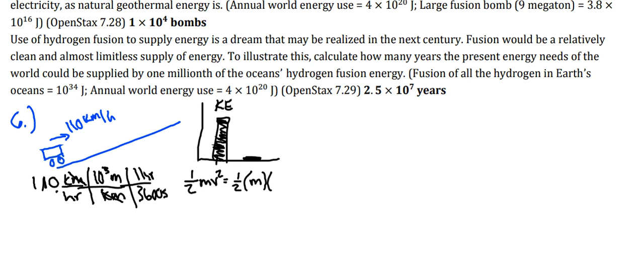So basically what we're doing is dividing by 3.6. And you get 30.55. We don't know the mass, but that is the kinetic energy term at the beginning.